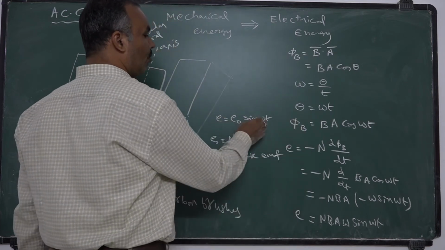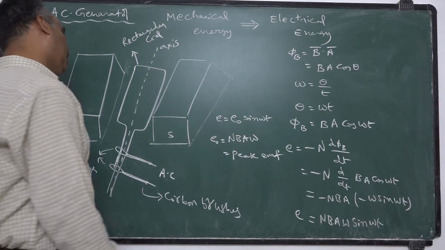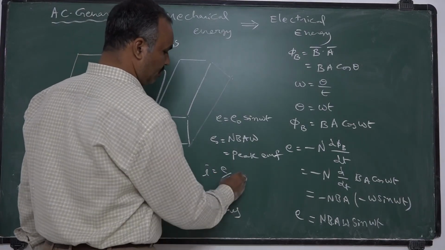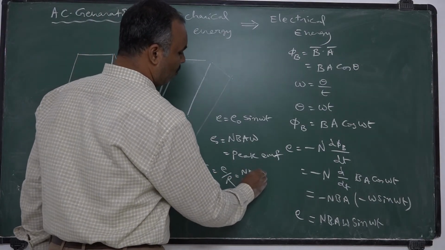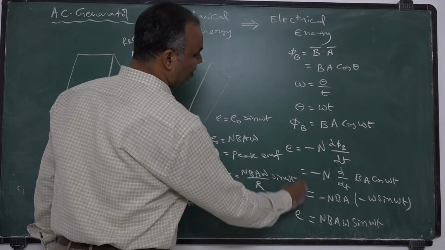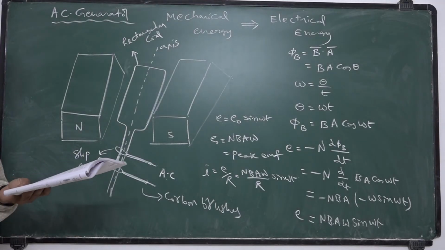As the EMF developed is a sinusoidal function, the current developed is EMF by resistance. So that is nothing but NBA omega by R sin omega t, which is an alternating current.